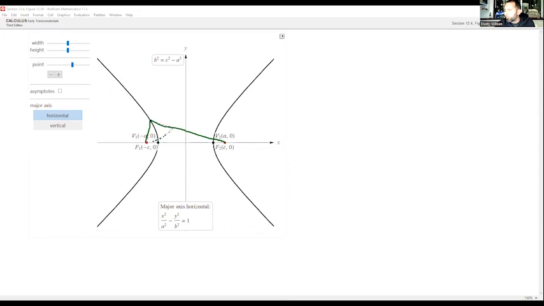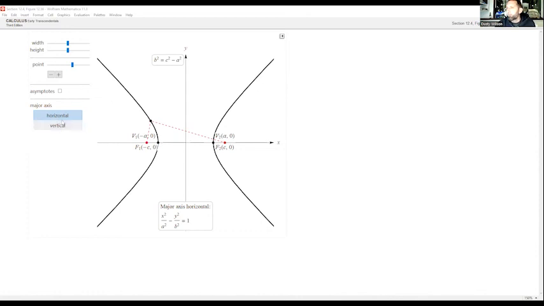So let's see, we're kind of right around it. The difference in length is about this far right here. And again, that's the same as the distance between the two vertices. So that's where our definition for the hyperbola is coming from.